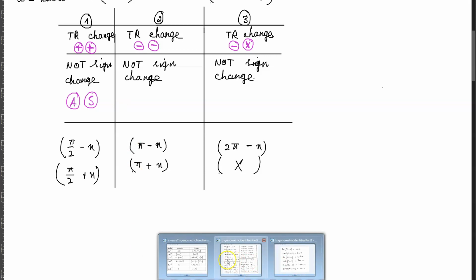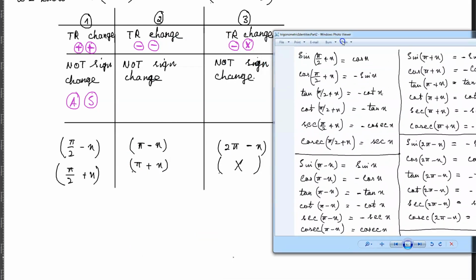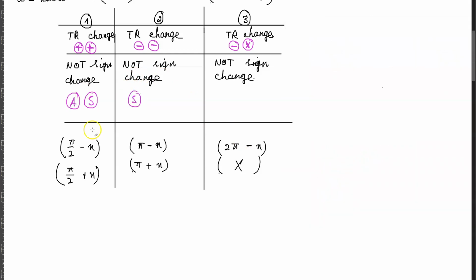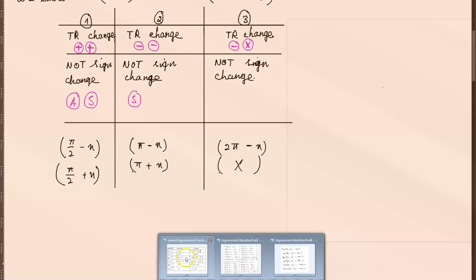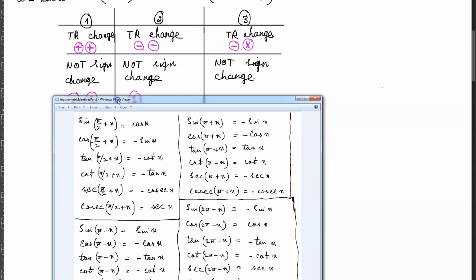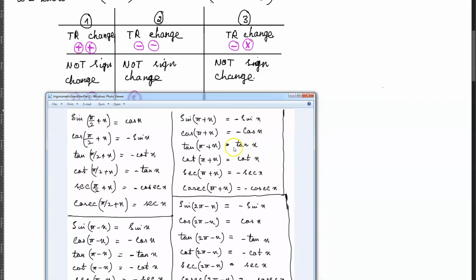Now again, the not sign change in the case of pi minus x, you can see that it happens in the case of sine and cosecant. So you have again an S over here. Then in the case of pi plus x, you can see that the not sign change happens in the case of tan and cot.